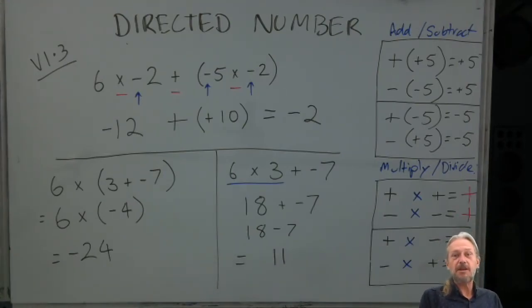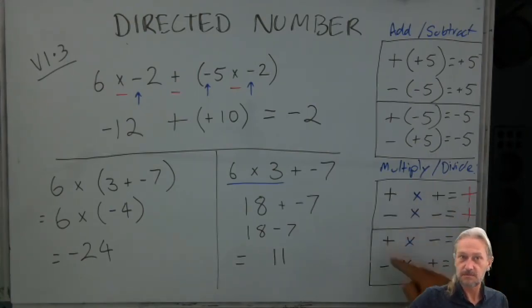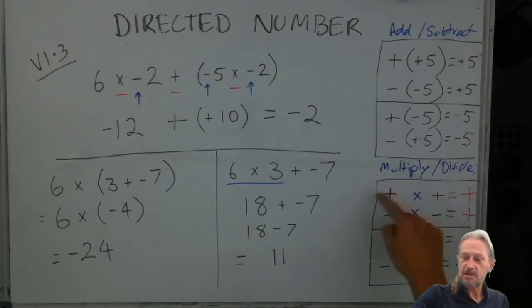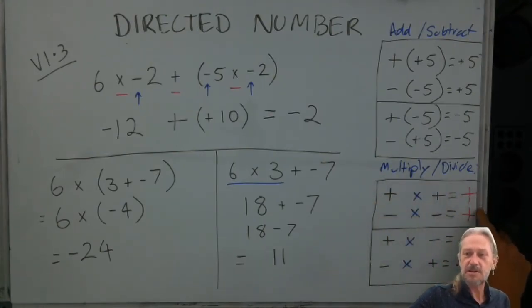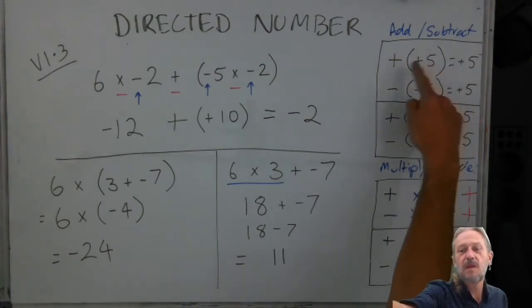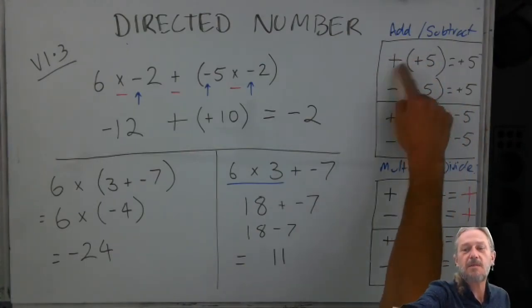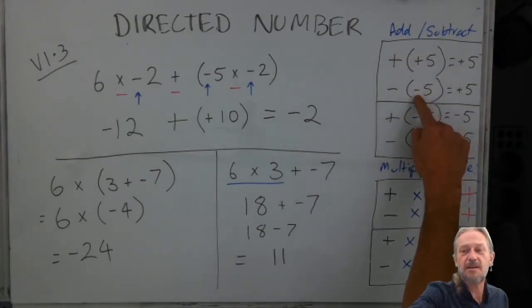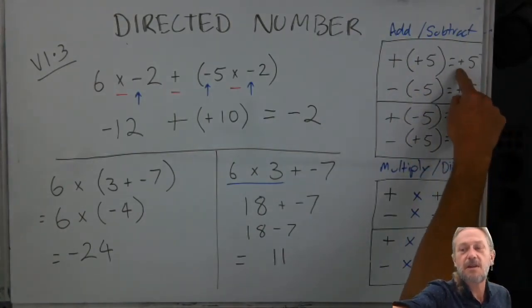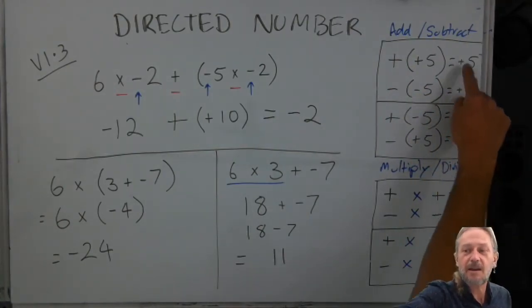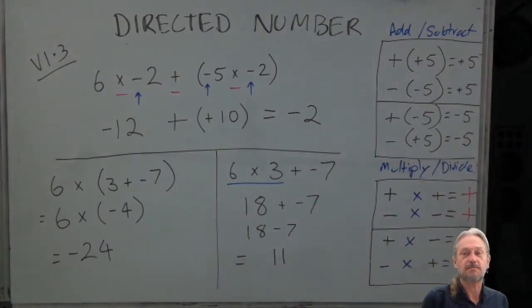Okay, so that's where I'm going to leave this video. Hopefully, after you've had a bit of practice, you'll get used to when the signs match, we get positive. Same here. When we add a positive or we subtract a negative, it's kind of like we're adding a positive number.